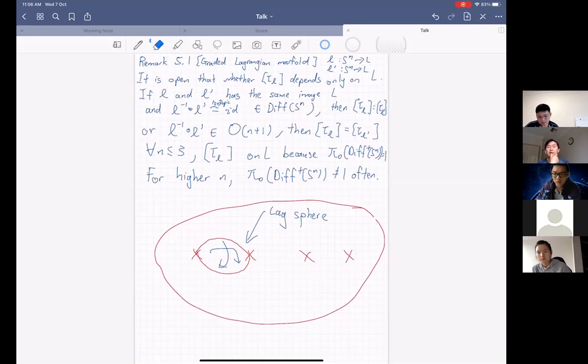So what's your question? My question is, if you pick one orientation this way, and then pick the other embedding this way, so one is turning this way, one is turning this way, do these two give the same Dehn twist or not?